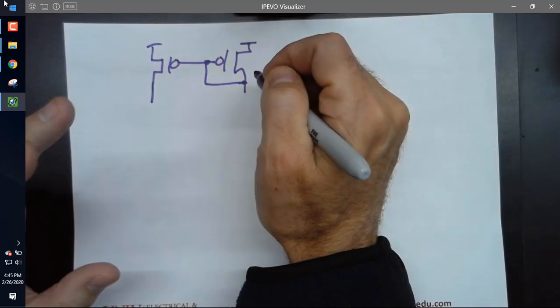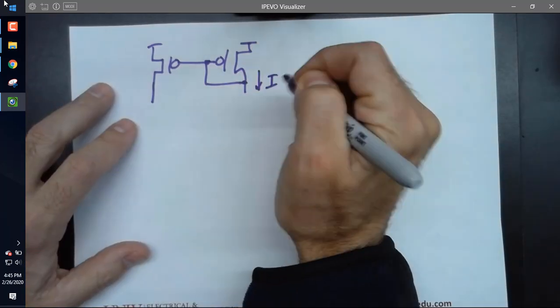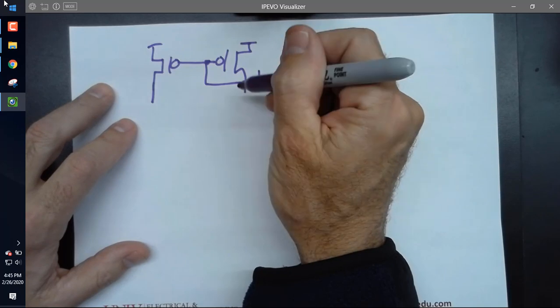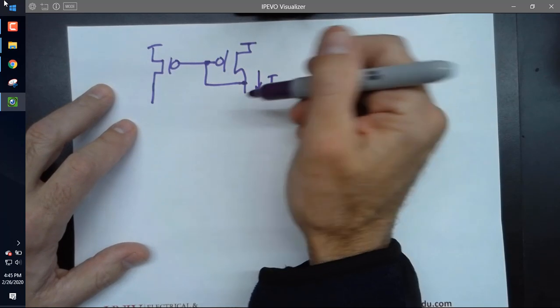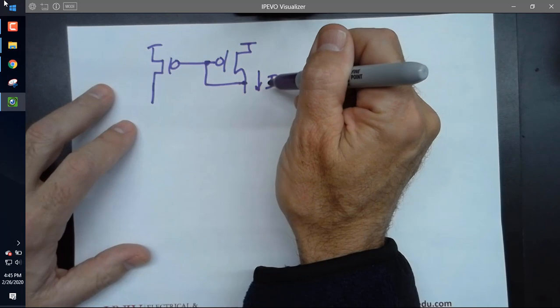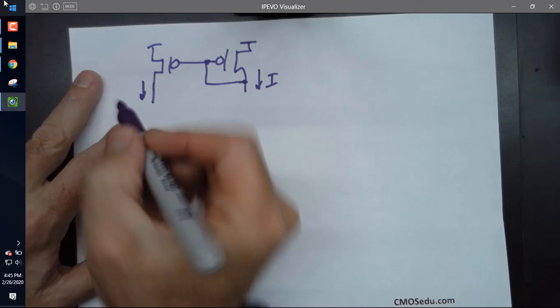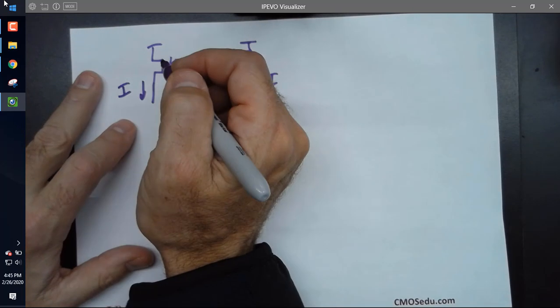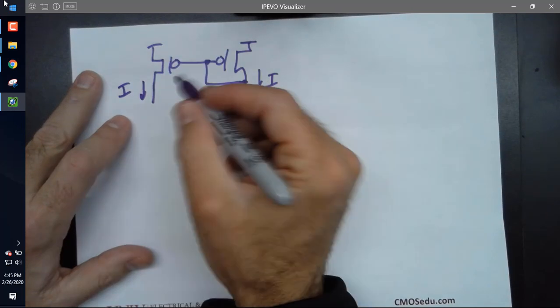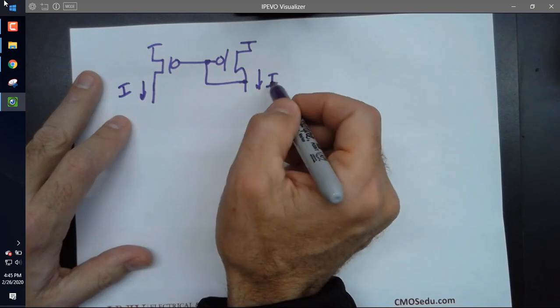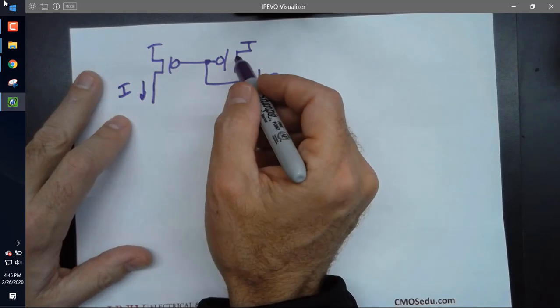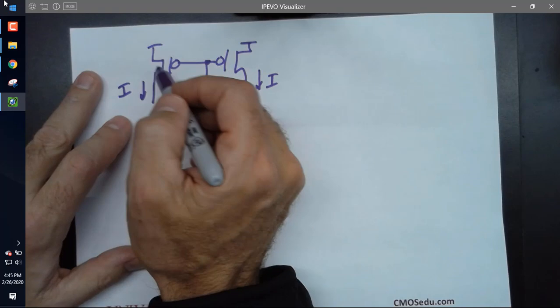So let's say somehow magically I was able to get a constant current flowing through this current here. I'm telling you this I is constant. And I want you to tell me, how does I vary over here with temperature? So I start changing temperature. If I go up, doesn't the threshold voltage of this change?